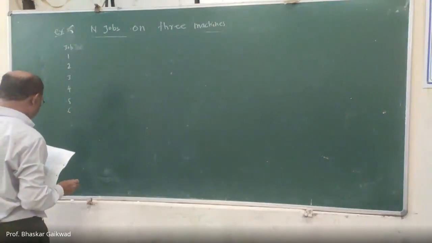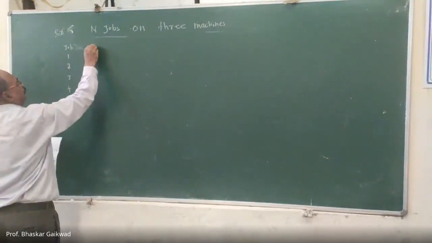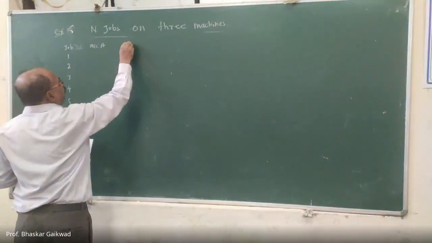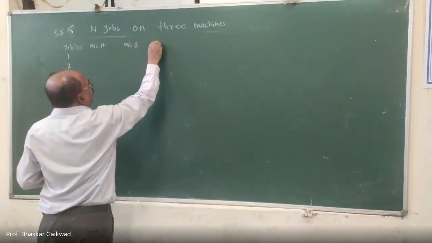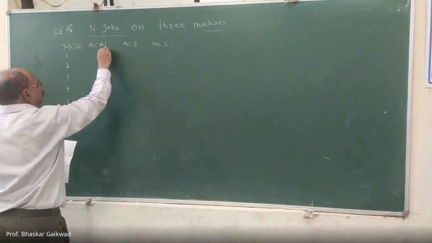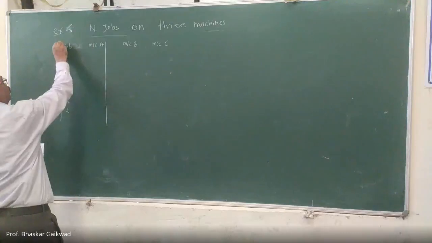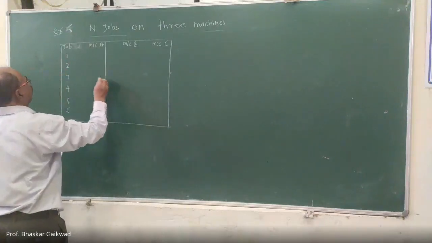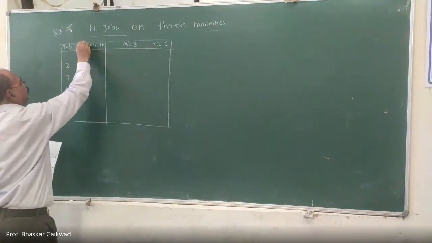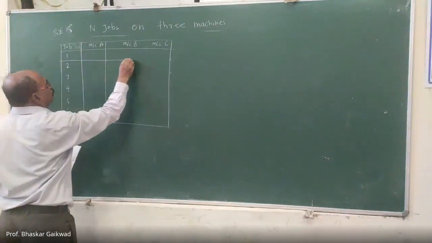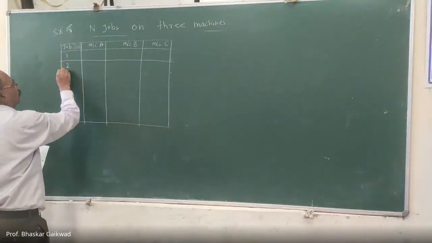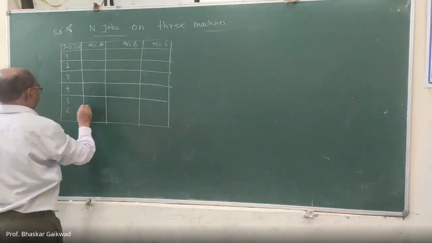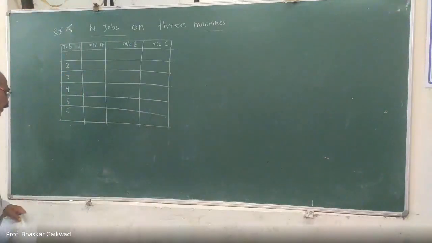Again, there are three machines: machine A, then machine B, then machine C. This is from your GATE related topics from Made Easy.